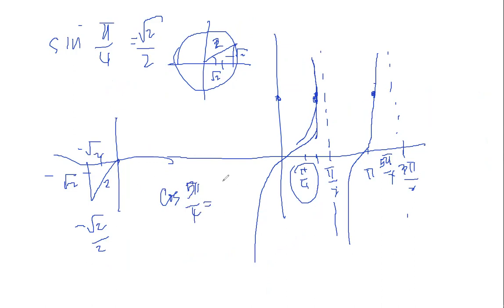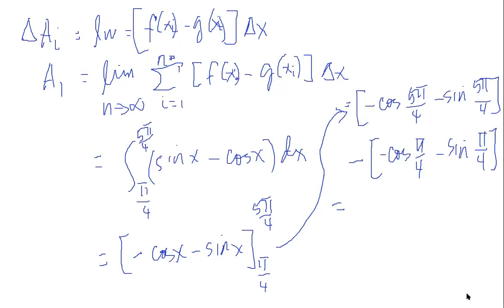This one is adjacent, so it's negative square root of 2 over 2. And sine 5 pi over 4 is equal to negative square root of 2 over 2. Okay, so let's go back. So first here, it's negative square root of 2 over 2 minus negative square root of 2 over 2.